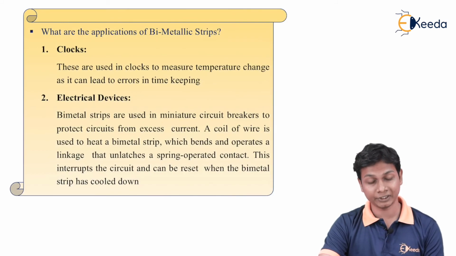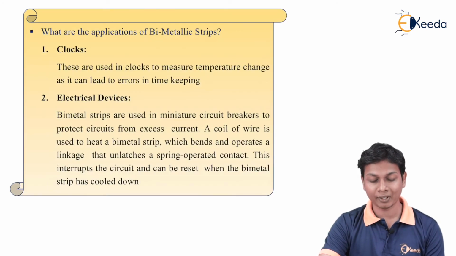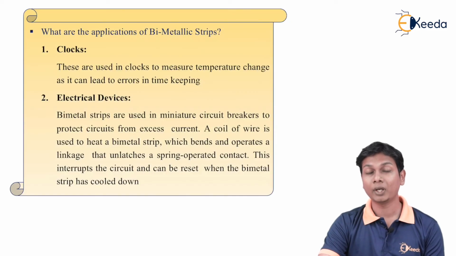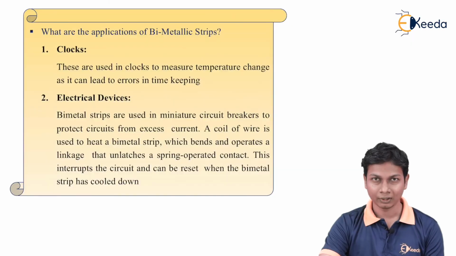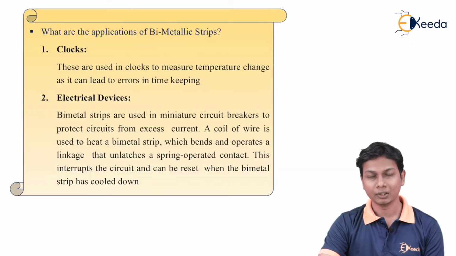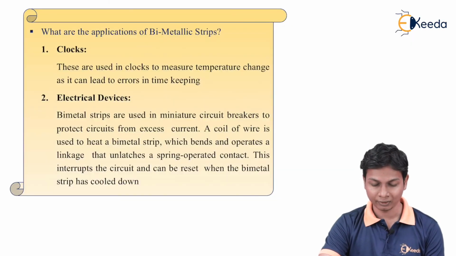Now, in electrical devices, a bimetal strip is used in a circuit breaker to protect circuits from excess current. You can take an easy example in our household where a fuse blows.